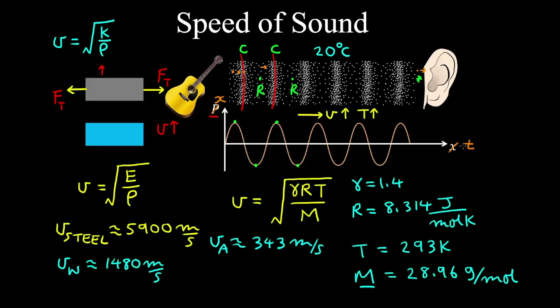So again, in this type of plot, this distance is the period of the oscillation, and in space, the distance between two compression regions is the wavelength. And a higher temperature, meaning the air particles have a higher average kinetic energy, results in a higher wave speed through the medium.